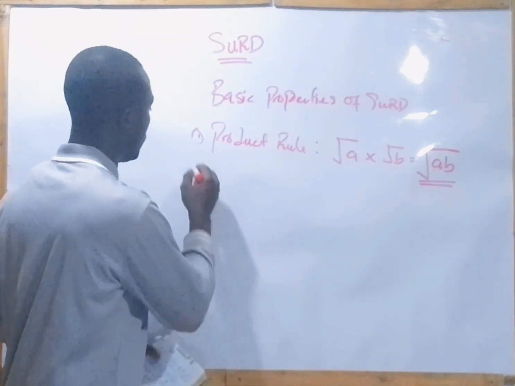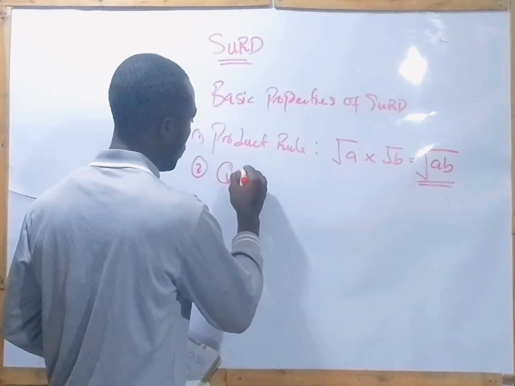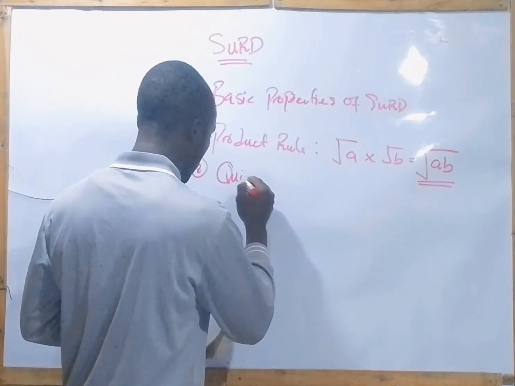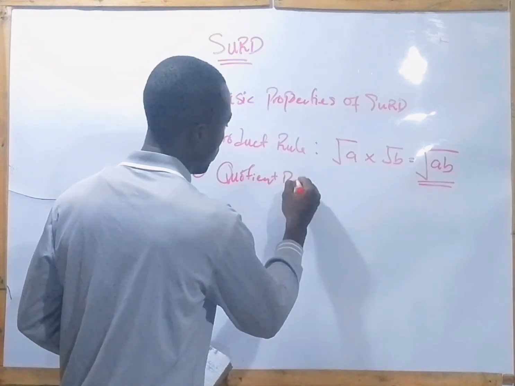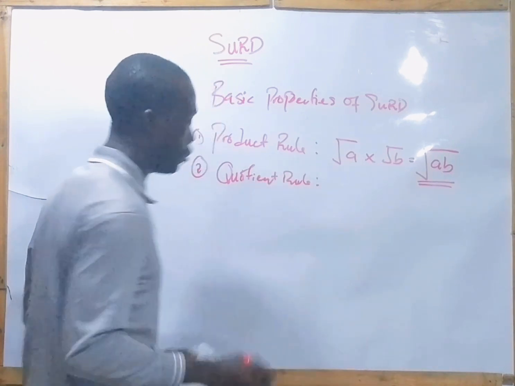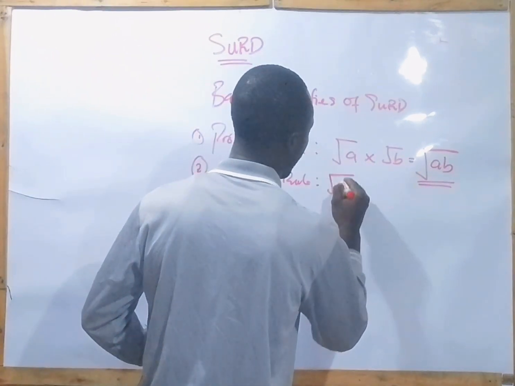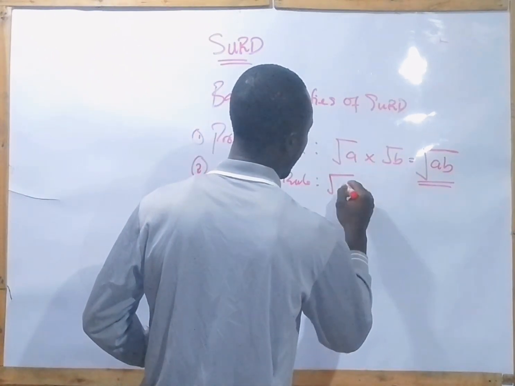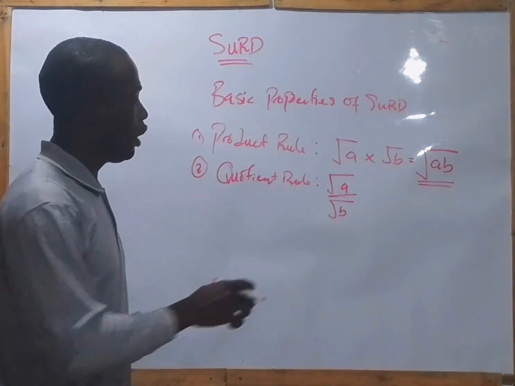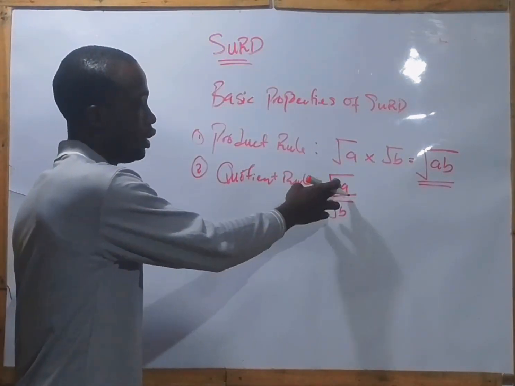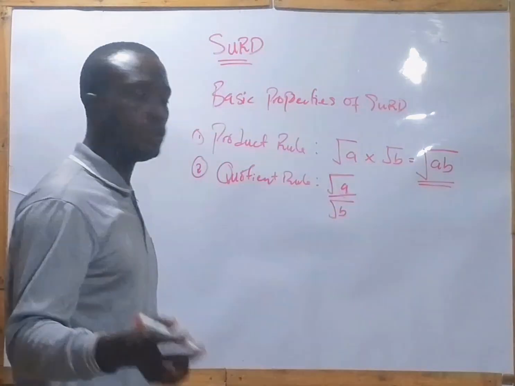Number 2 is the quotient rule. This one is saying that if you have something like this, which is root A divided by root B, what do you need to do?